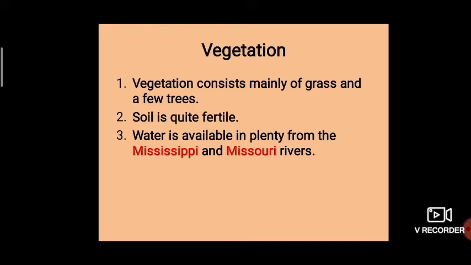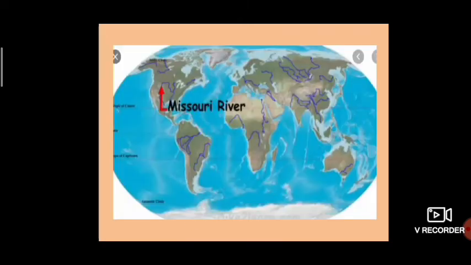In general, we can say that these rivers provide water for irrigation in the prairies.